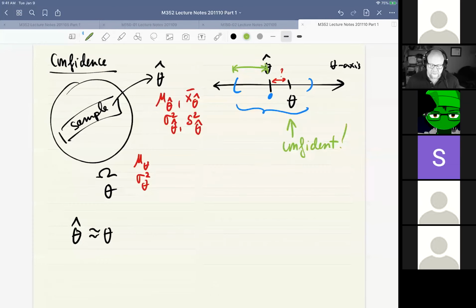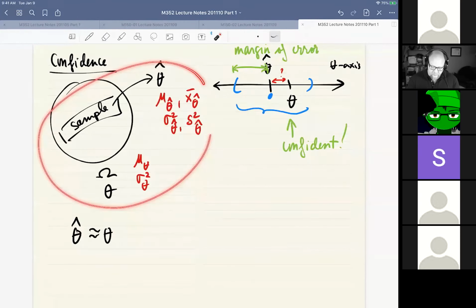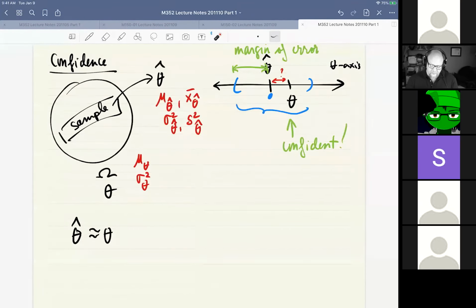The width of this interval is usually called our margin of error, which you hear about in political polls. So the next topic in chapter 5 is about building these confidence intervals, using information we know from our sample and about our population to figure out what the endpoints of these intervals should be.